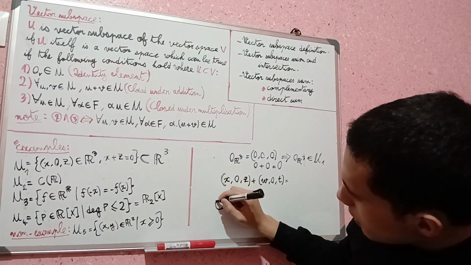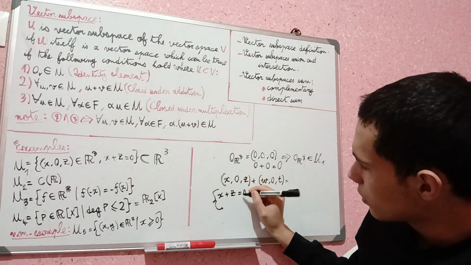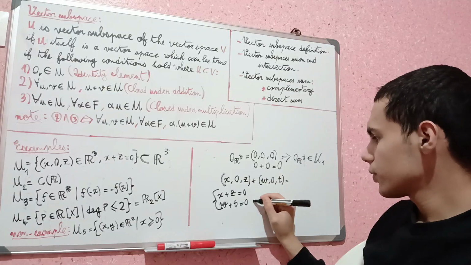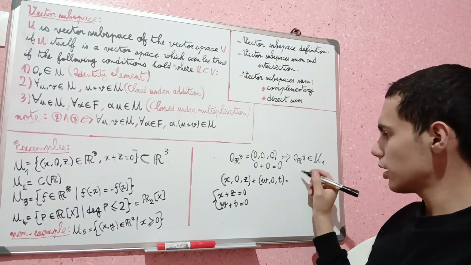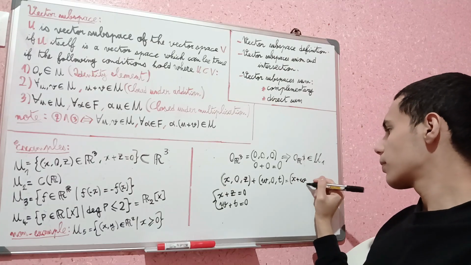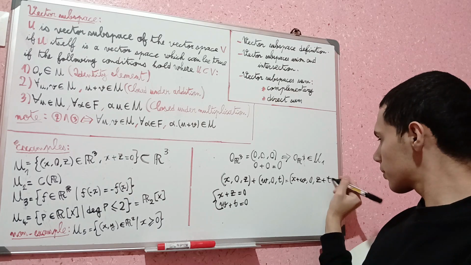Therefore, we have x plus z equals 0 and w plus t equals 0. This will give us (x plus w, 0, z plus t).